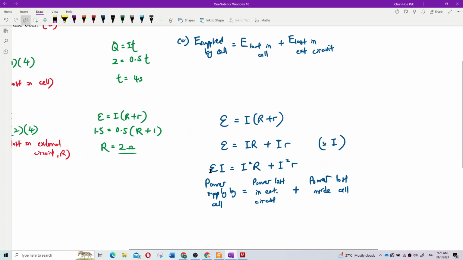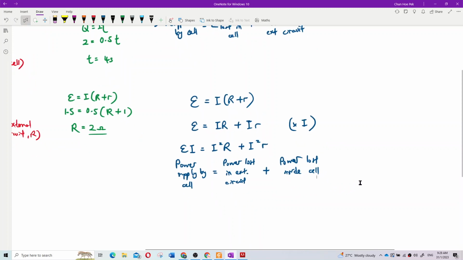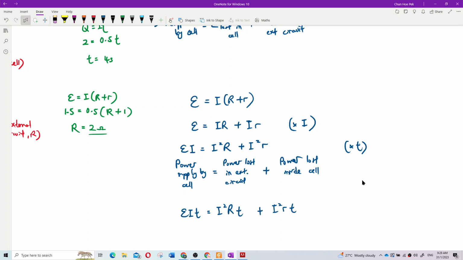Okay? EI is VI, you know that? I square R is the power loss in the external circuit. I square small r is the power loss inside the cell. And then you multiply with time again. Then you get EIt, I square Rt, I square small rt. So this is what? Energy. Just now it was power.